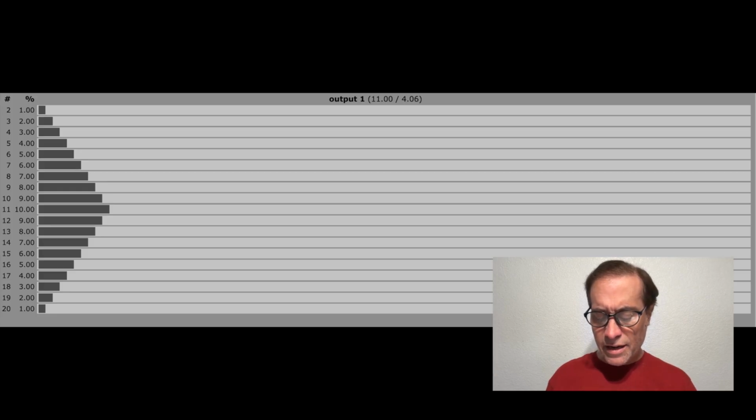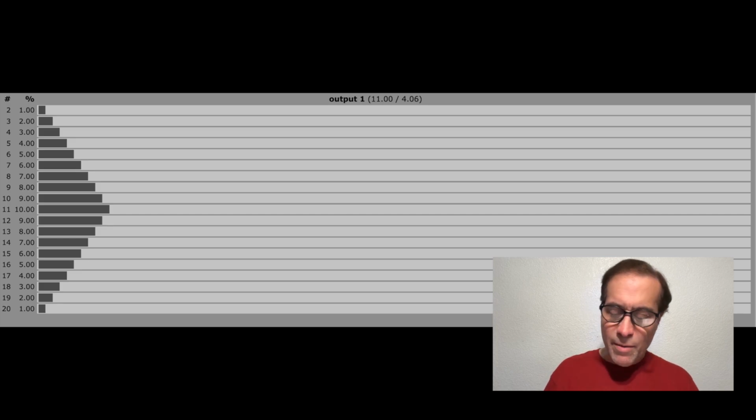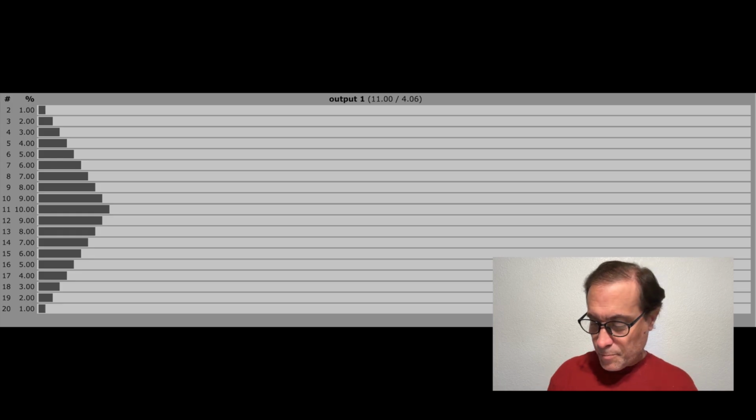Let's say you needed a 19 or higher, right? So on a d20, that's 10%. That's hard, but it's still doable. But on 2d10, it's only a 3%, which is still almost not worth it. Let's say it's 18 or higher.